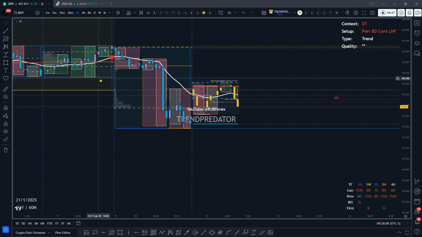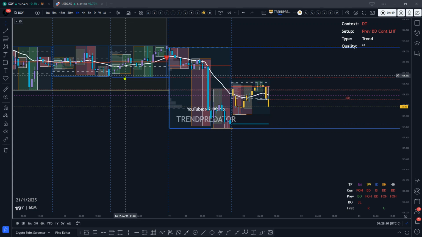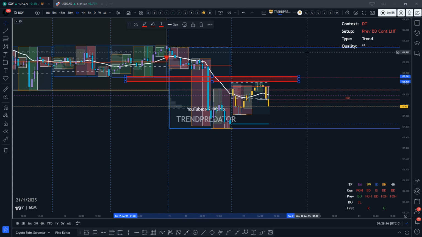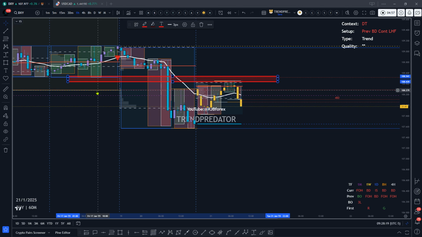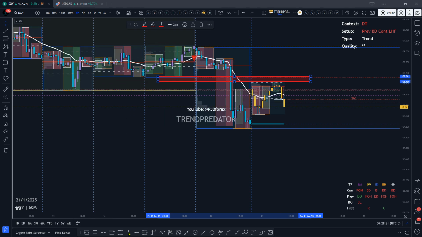Okay, we've got Friday's lows as a potential support. We're pulling away from last week's lows again. Sorry, potential support, potential resistance. And we've got resistance potentially again for the day ahead at last week's lows.